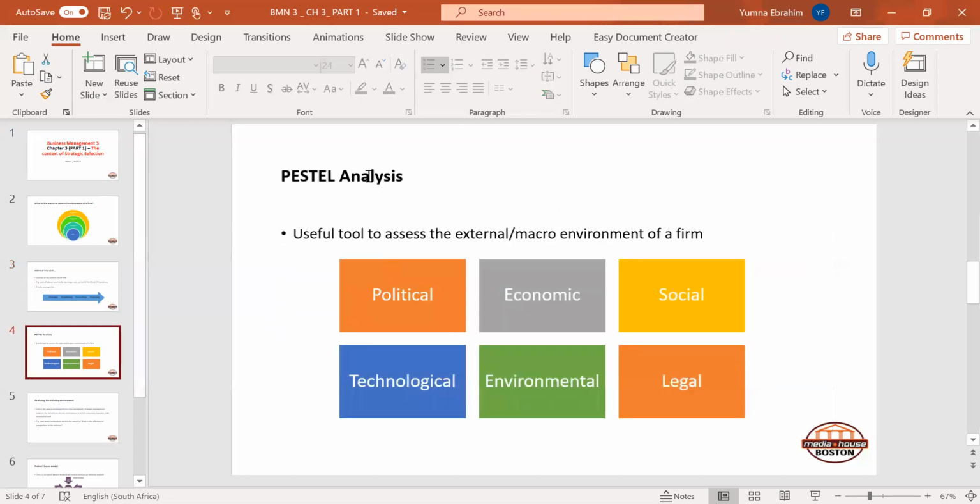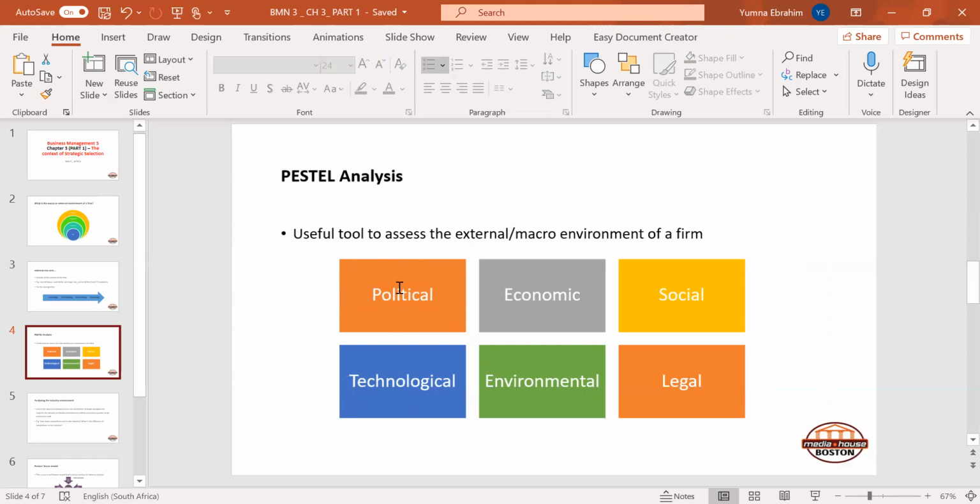Okay, so a particular tool we can use to assess the external or macro environment and its effect on a business is the PESTEL analysis. As you can see here, it stands for political, economic, social, technological, environmental, and legal. In the live session, I will give you a particular scenario of a company or a business, and I will say to you, conduct a PESTEL analysis for this business.